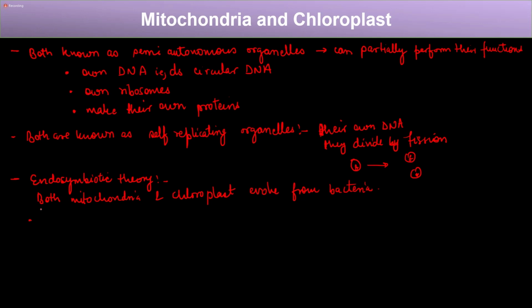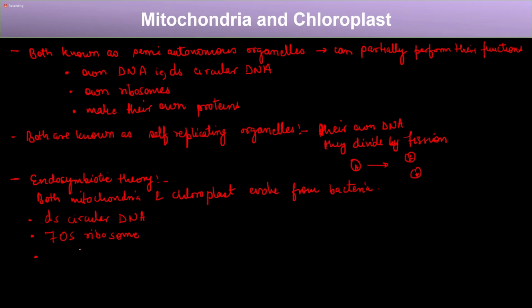Now, if someone asks what is the proof of this, you can see that both have double-stranded circular DNA, right? And the double-stranded circular DNA is also present in bacteria. Secondly, they both have 70S ribosome. A typical eukaryotic cell consists of 80S ribosome, but these two have 70S ribosome that is present in bacteria. Thirdly, we know that DNA comprises ATGC nucleotides.